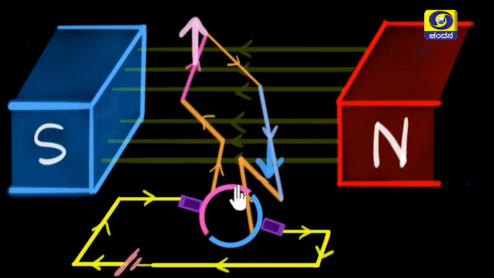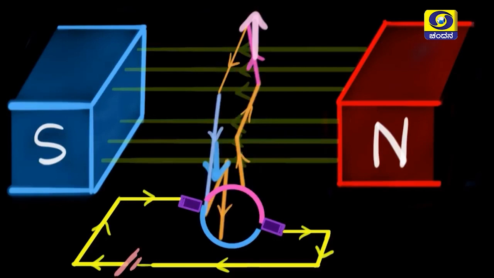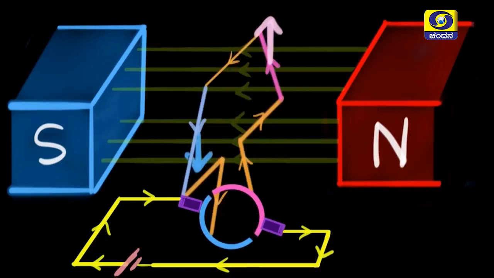Here, the pink is now connected to the positive terminal, and blue is connected to the negative terminal. That is, the current is flowing through the pink part. Once the armature completes half rotation, now we can see that the pink part is connected to the negative terminal through the carbon brushes and the blue part is connected to the positive terminal through the carbon brushes.